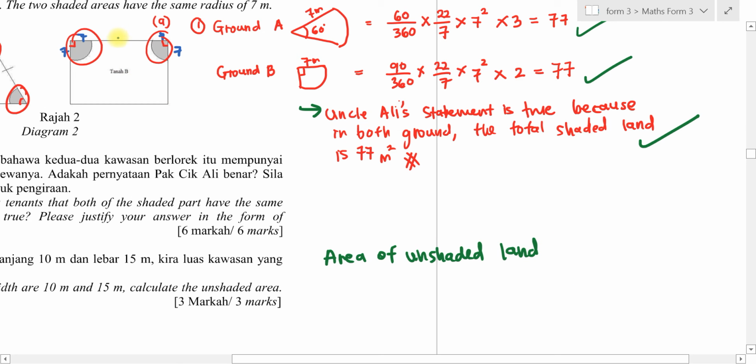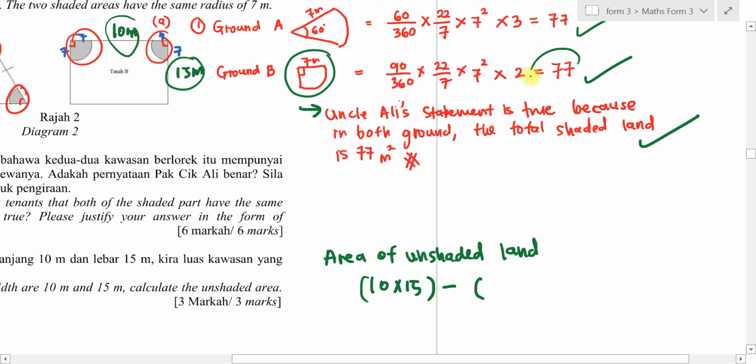Very simple. Dia cakap panjang dia 10 meter. Lebar dia 15 meter. So, you take the whole rectangular area. You minus the area of shaded. Just now we found out what? 77 what? We already found at the previous question.